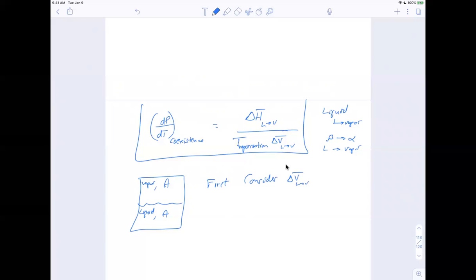Okay. What we're going to say is that the V bar of the vapor is much, much greater than V bar of the liquid. And so what that means is the volume per mole of the vapor, the gas, is usually much, much larger than that of the liquid, right? Liquids are much more dense than gases, and so they have a much smaller molar volume than vapors.